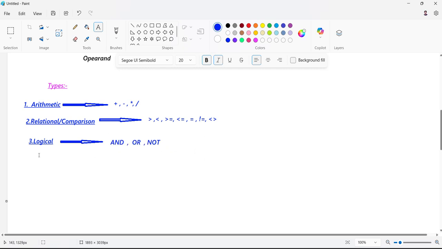Then go for the fourth operator, that is special operator or special comparison operator. What are the types that are available in special operator, given below?